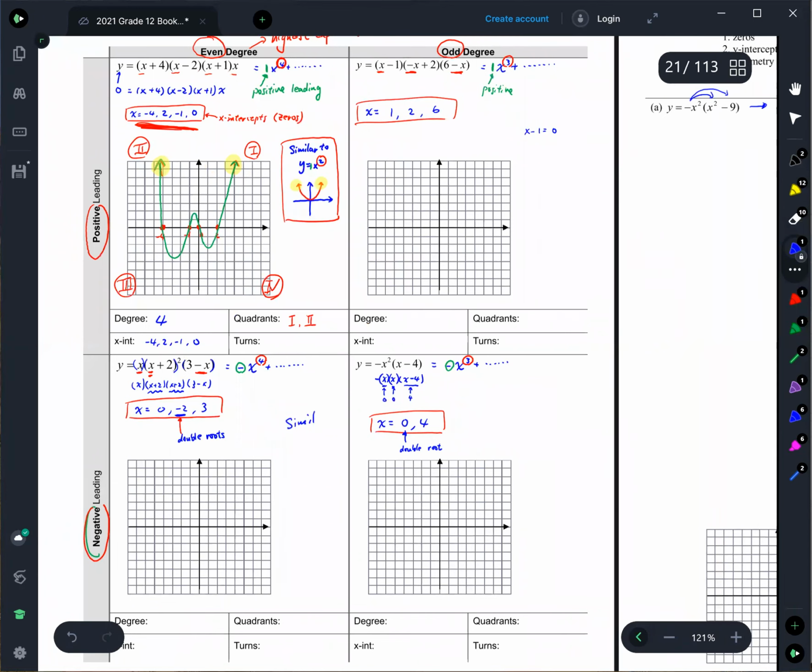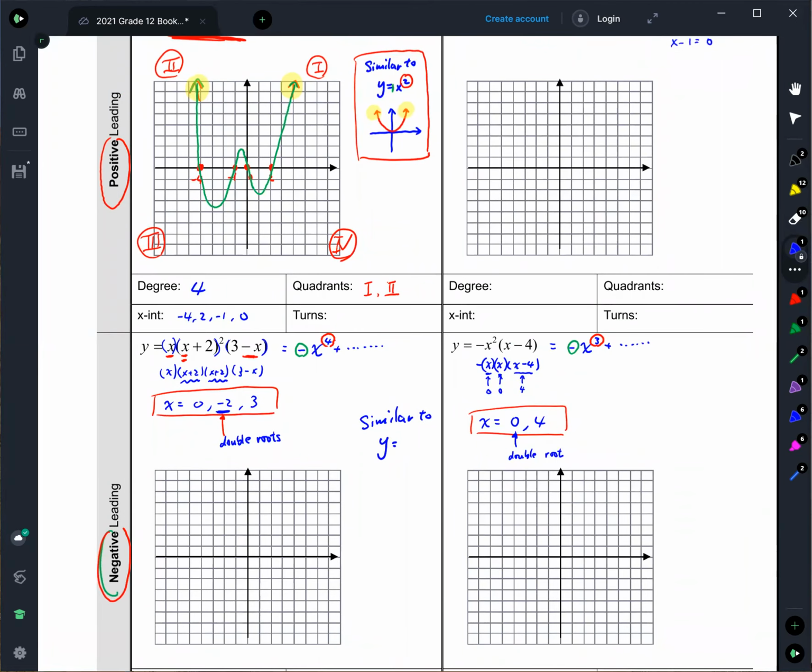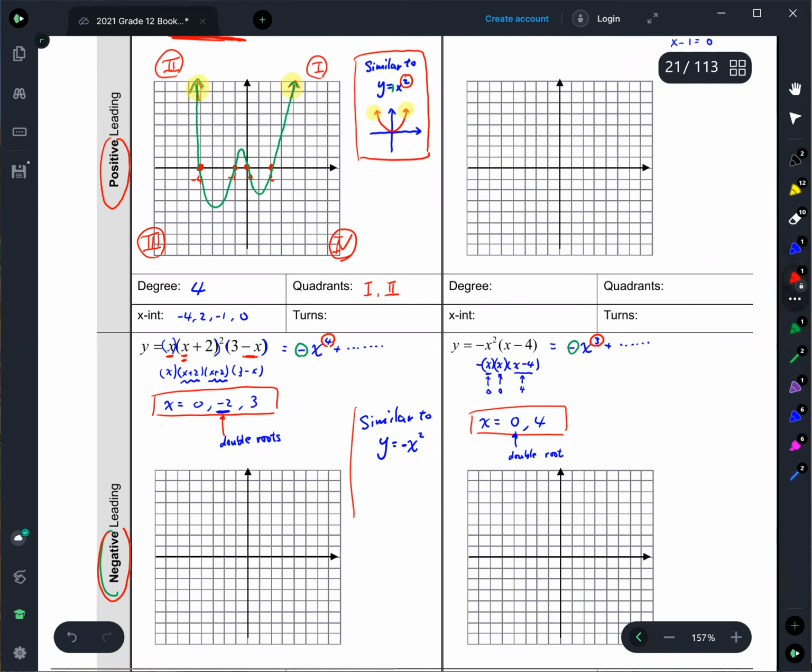So during the week, you need to review the chart. So y equals, this one is even as well, right? So it looks similar to y equals x squared, but because it's negative, I have a negative at the front. So your graph will look similar to a parabola again, but it will be opening down.